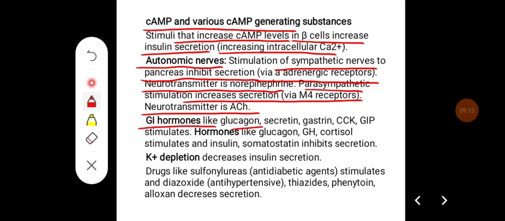Gastrointestinal hormones like glucagon, secretin, gastrin, CCK, and GIP stimulate insulin production. Hormones like glucagon, growth hormone, and cortisol stimulate, and somatostatin inhibits insulin secretion.